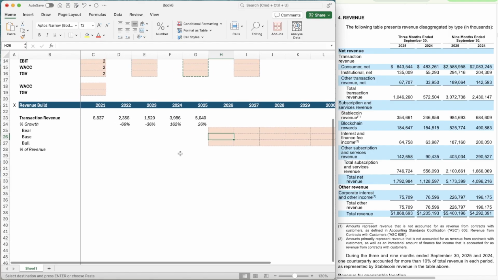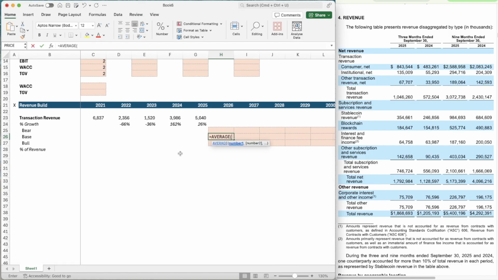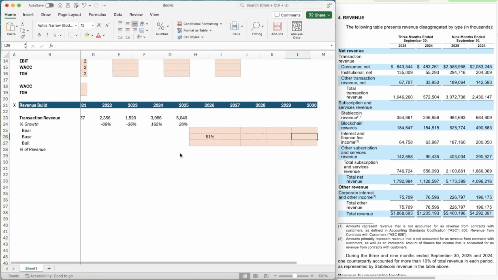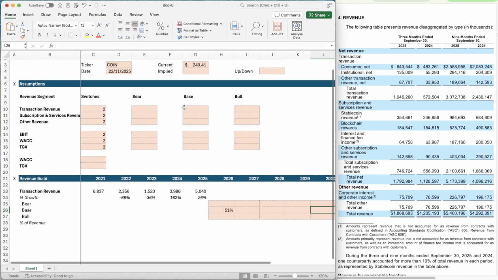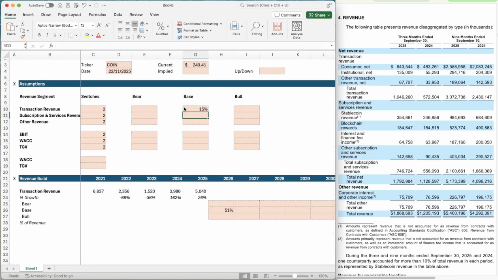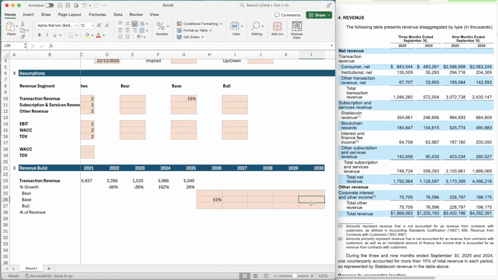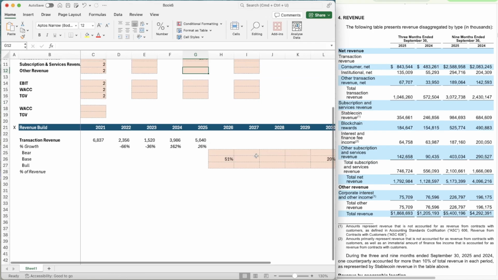So for next year, for 2026, let's take an average of the last 3 years. So 50%, and eventually we imagine that it will go to 15. I think it's possible. I don't mind saying it could go to 20. Let's try that.